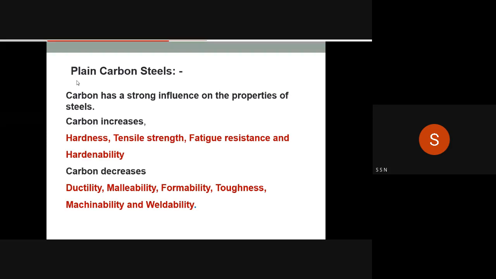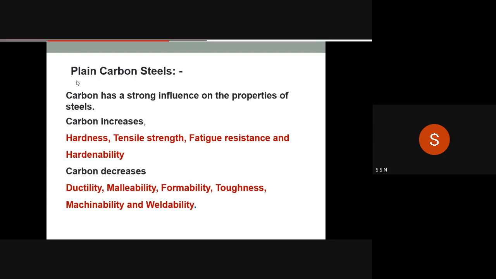But there are some properties which decrease if you increase the carbon percentage, such as ductility. If the carbon percentage is increased, the ductility reduces, and malleability also reduces.